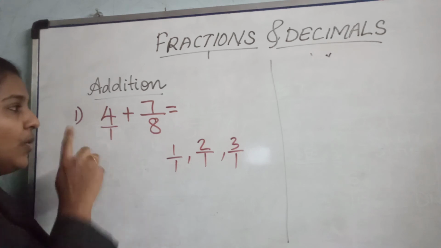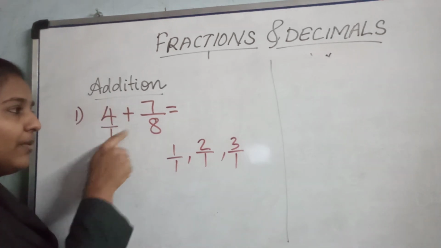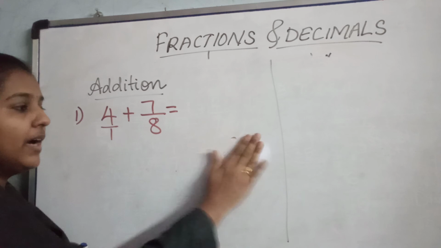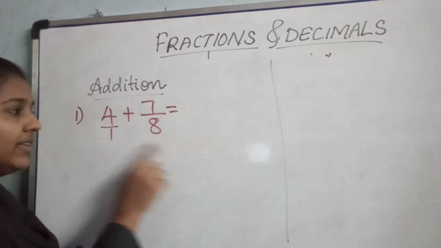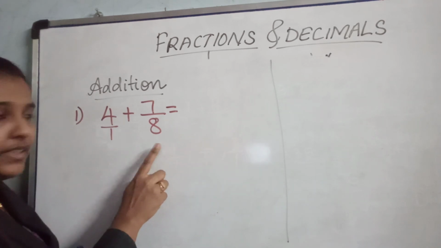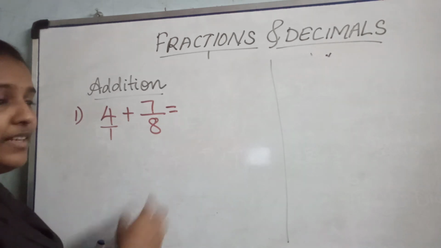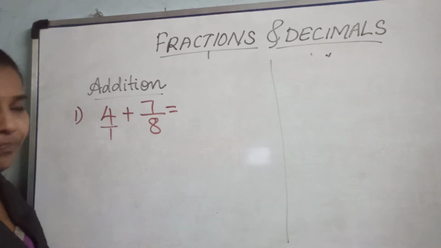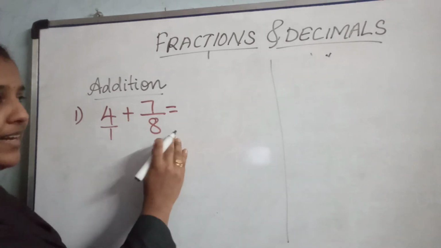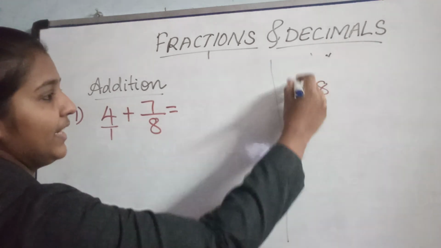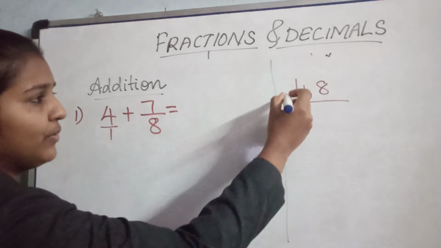So the same way here we can understand it's 4 by 1. Okay, so 4 plus 7 by 8 is 4 by 1 plus 7 by 8. Now you can understand that these two are unlike fractions. Then you can take the LCM of these two numbers and then you can do the addition. Okay, so here it is 1 and 8. So the LCM of 1 and 8 is 8, that we know, isn't it?